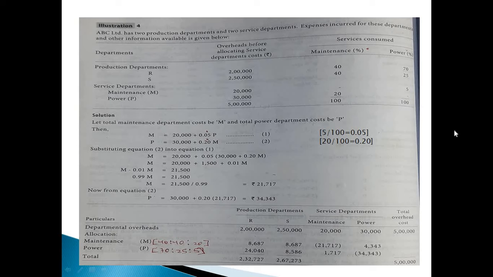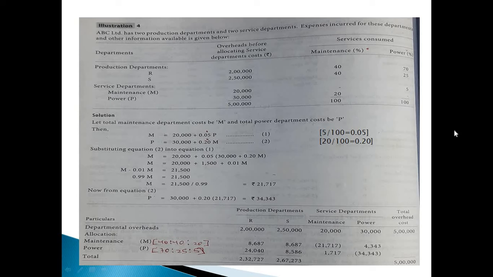The service provided by the maintenance department to the other departments is 40% for R, 40% for S, and 20% to the power department. The service provided by the power department goes 70% to production department R, 25% to production department S, and 5% to the maintenance department. Based on this information, you have to form an equation.